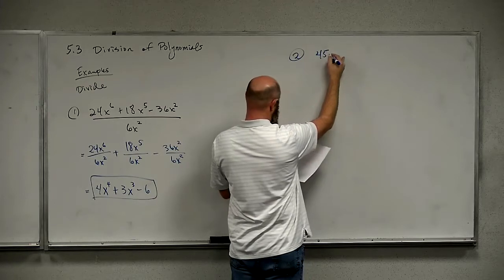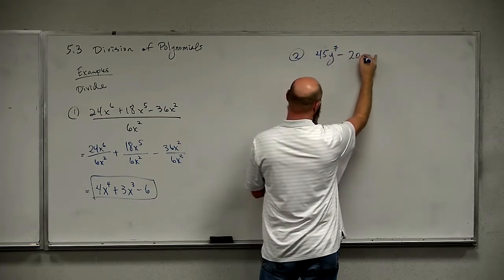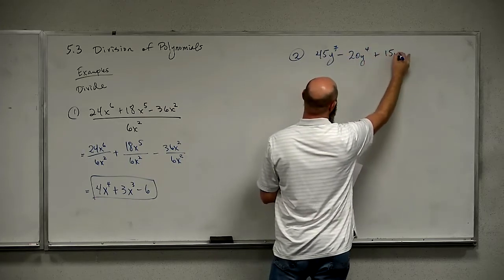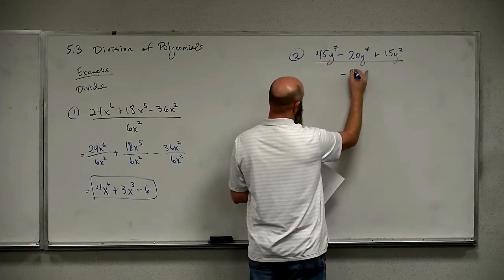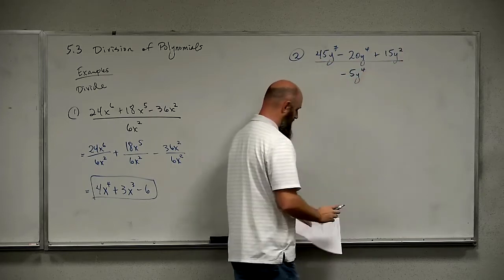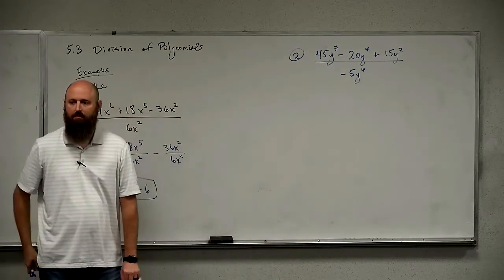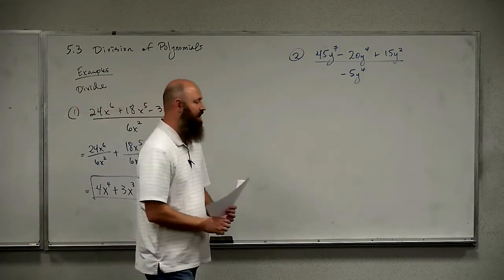So 45y to the 7th minus 20y to the 4th plus 15y squared, all divided by negative 5y to the 4th. So again, because we see that there's just a monomial on bottom, no adding or subtracting, we can separate this out.